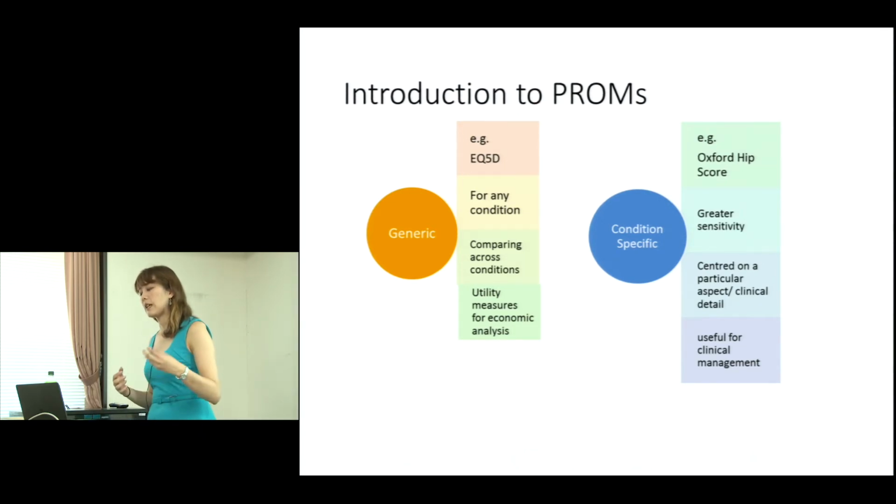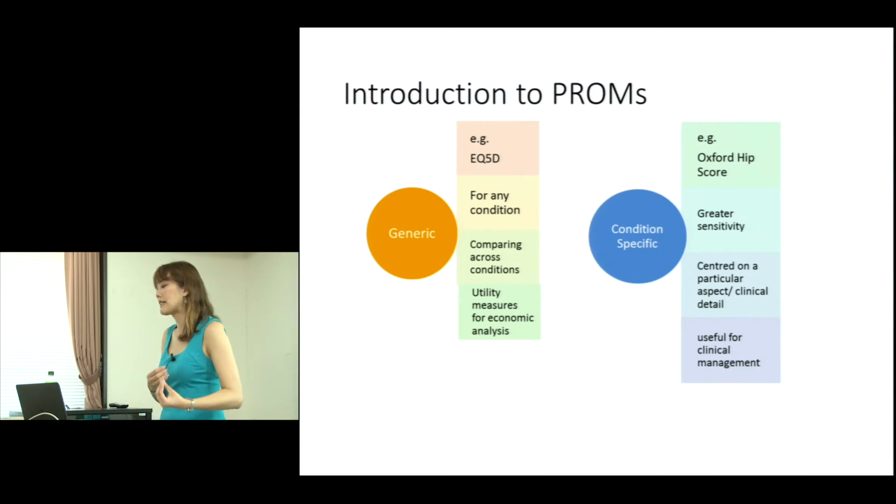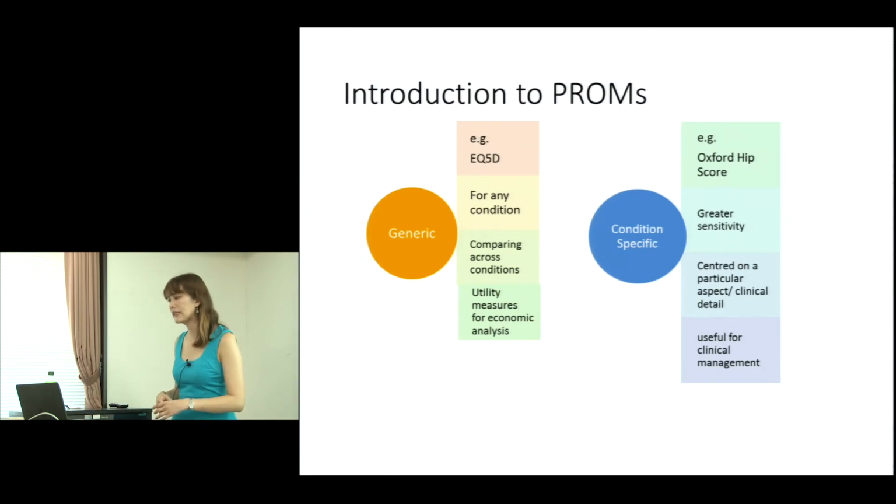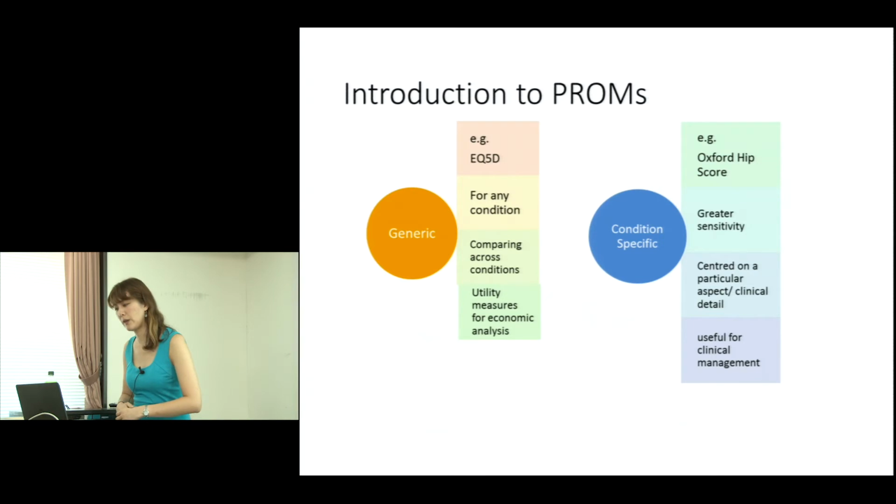They're called generic because they ask about aspects of general health status. For example, they can compare across different conditions, and so are fairly helpful for economic analysis because you can derive utility measures such as QALYs from it. In England, the National PROMs program uses the EQ5D, and some of us use that quite often as well.